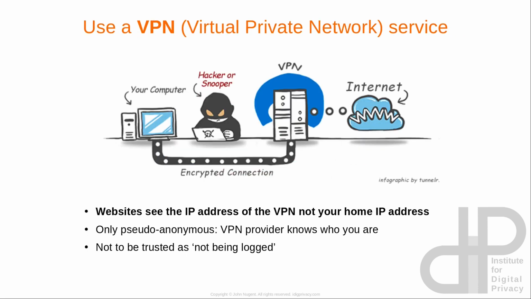A virtual private network service, or VPN, can be used to prevent ISPs tracking and monitoring your internet activity. VPNs form an encrypted tunnel between your device and the VPN server, which then connects you to the internet. This usually includes encrypting DNS requests.